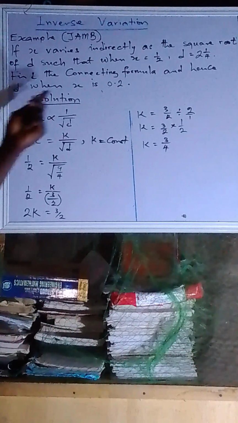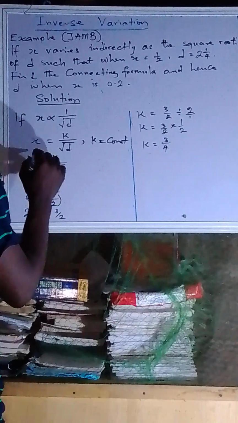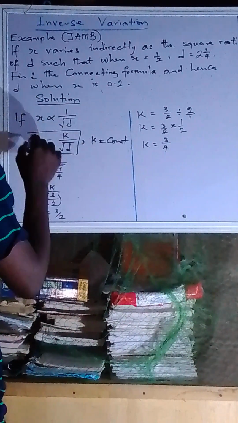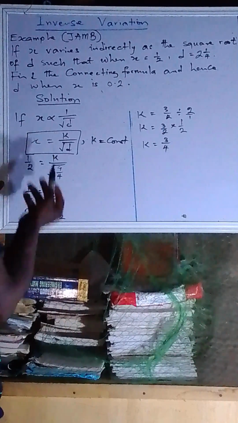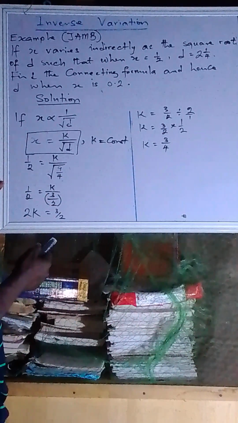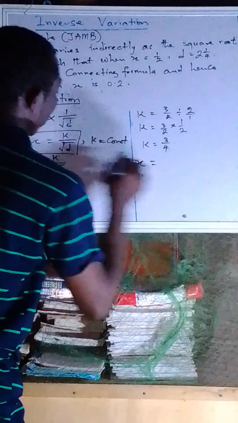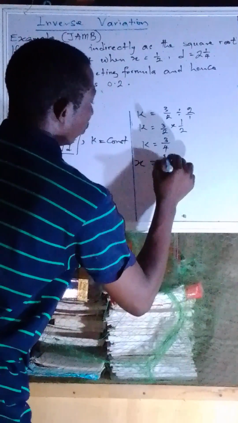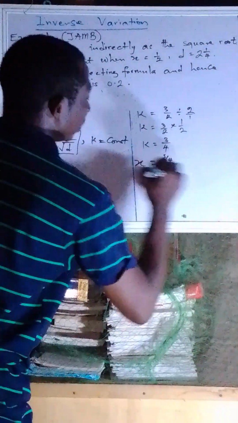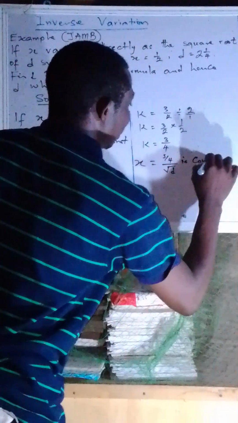To answer the first part of the question, the connecting formula, we come here and write this mathematical statement, this equation. The only thing that will be changing is the constant k. So x equals k, and k is 3 over 4, all over the square root of d.